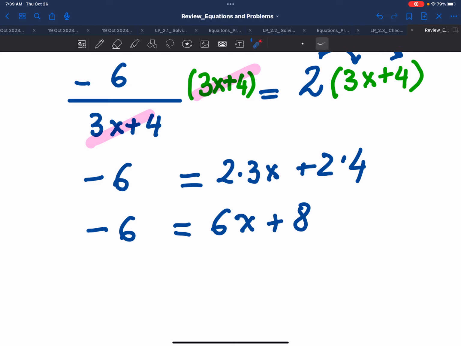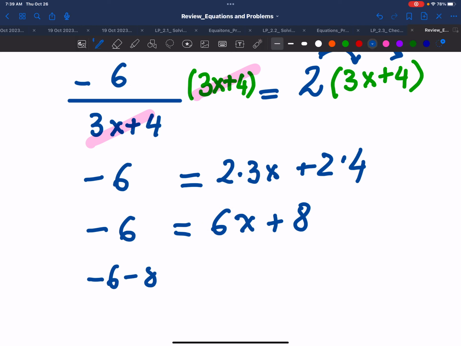Now, in this case, you see that the variable term, which is the only variable term actually in this equation, is on the right side. So instead of moving the variable to the left and this number to the right, which requires two operations, we can simply leave the variable term where it is and then bring 8 to the other side.